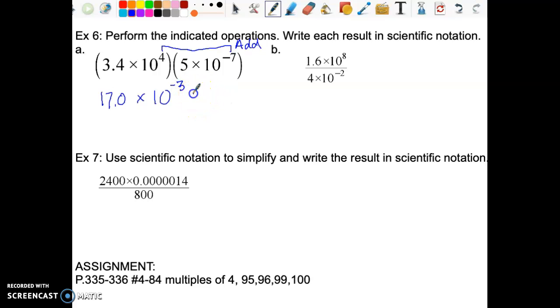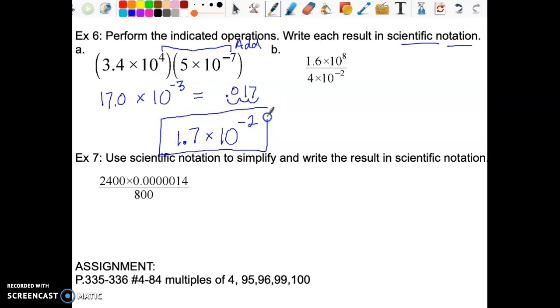But it might actually be to your benefit to write that out. What does that actually mean is moving that decimal back. So 17, move that decimal 1, 2, 3 times. So it's 0.017. And the reason why I'm doing that is we want to write it in scientific notation. So let's move the decimal back 2 times, and we're looking at 1.7. Since I only moved it back twice, it's 10 to the -2nd power. And the reason why you have to do that is, remember, this number right here must be bigger than 1 but smaller than 10. 17 is not smaller than 10.